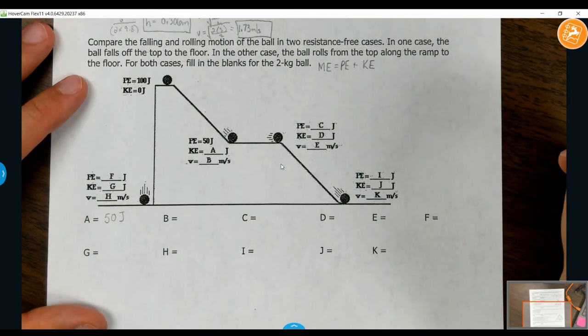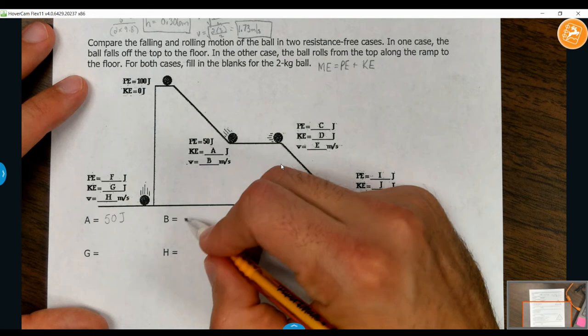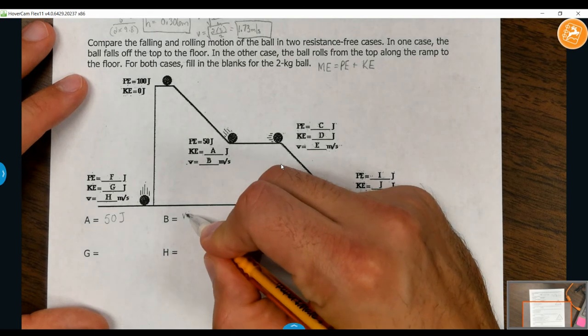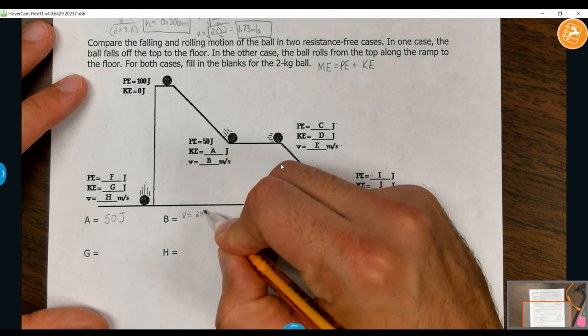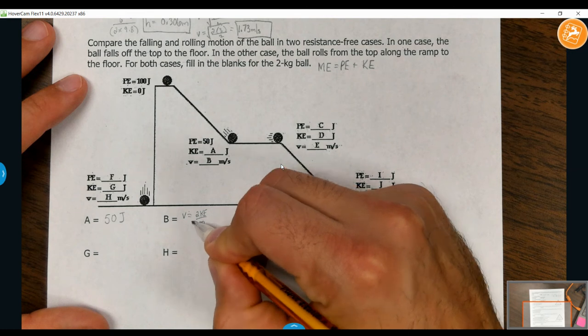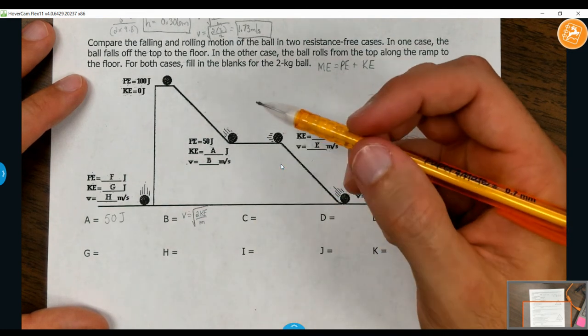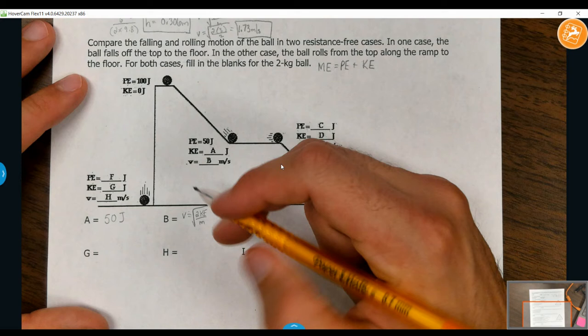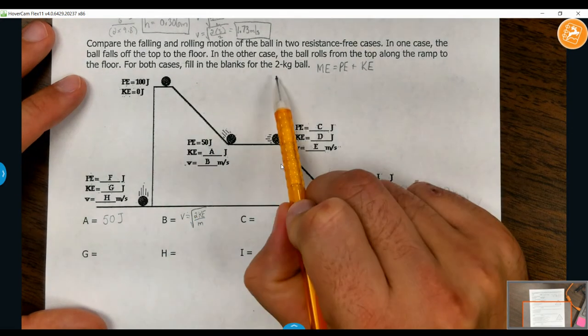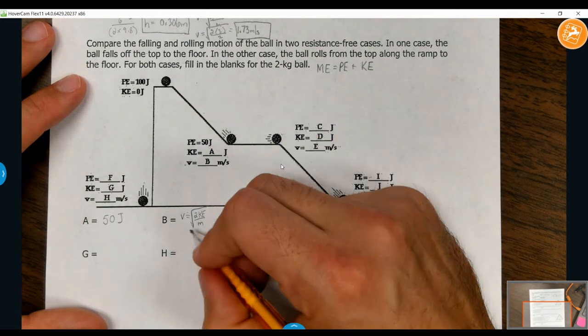And B, like the equation we used up top, V is going to be the square root of 2KE over m. The kinetic energy would be 50 joules and the mass of the object is 2 kilograms.